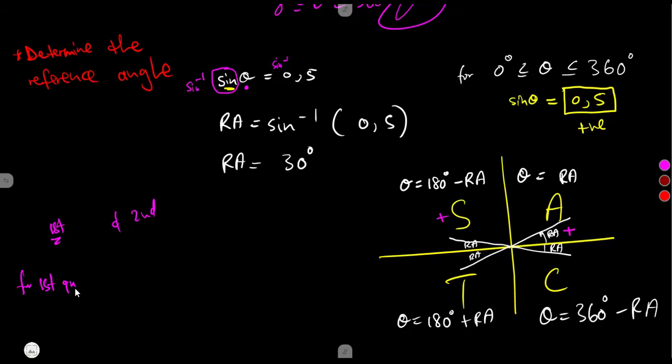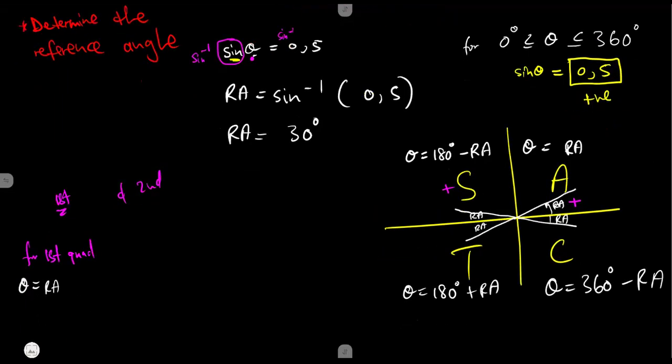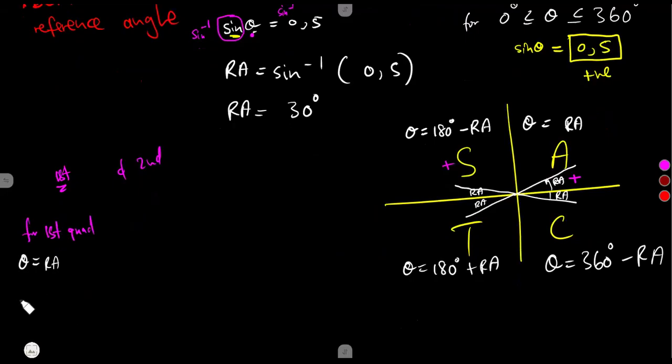From the first quadrant, our exact solution now for theta, the one that you're given here, is equal to what? As we can see in the first quadrant, theta is equal to the reference angle. So it means the reference angle that we obtained is part of our answer. Theta is equal to 30 degrees. That is the condition there.